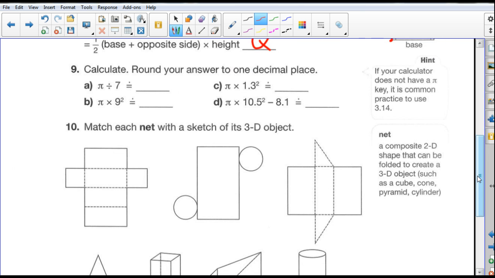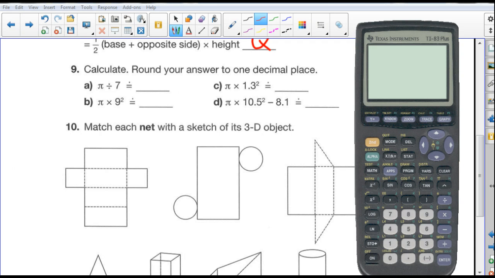Number 9, calculate and round your answer to 1 decimal place. Well, pi divided by 7 is 3.14 approximately divided by 7. So you take your calculator out. But you'll notice that on my calculator I have pi. I hit second function, and I've got pi above this arrow, so you can see there's my symbol pi.